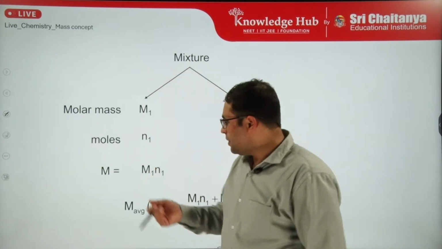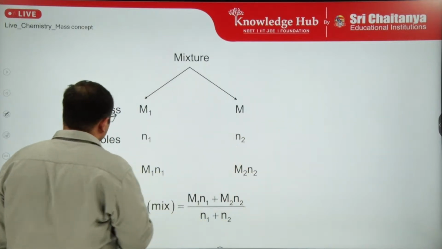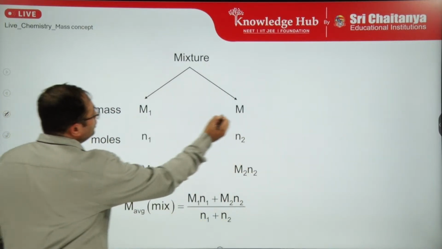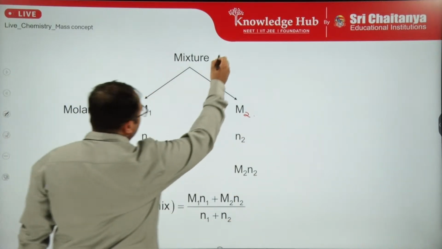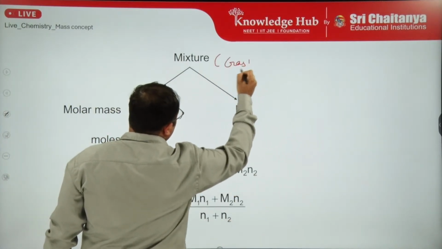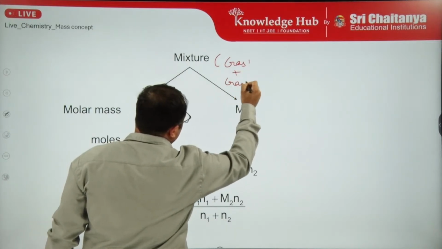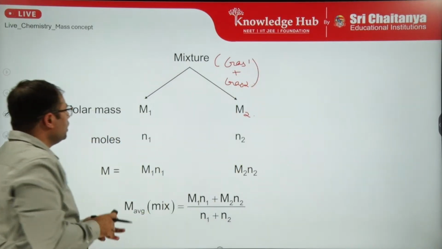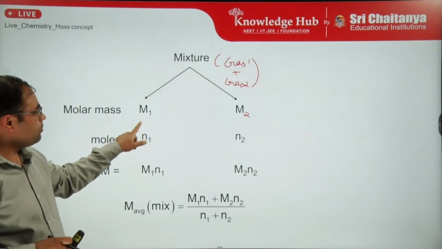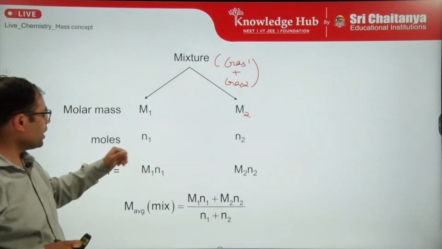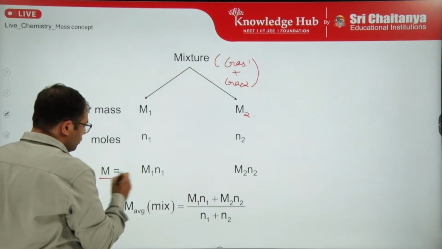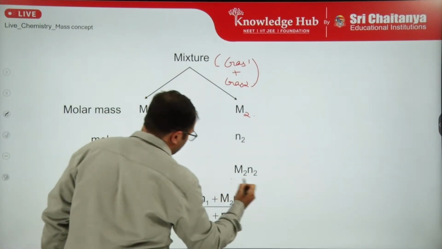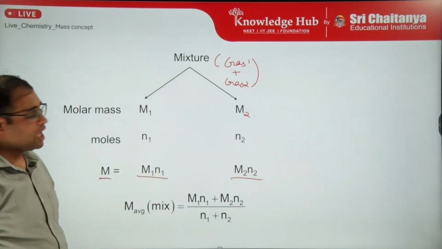So again the same analysis, right? Suppose this is a gas 1 plus gas 2 mixture. Molar mass of gas 1 is M1, gas 2 is M2, moles of gas 1 is N1, moles of gas 2 is N2, mass will be molar mass multiplied by moles.